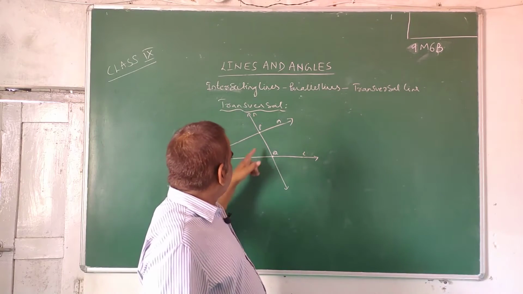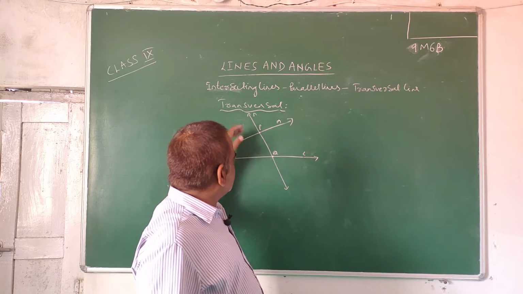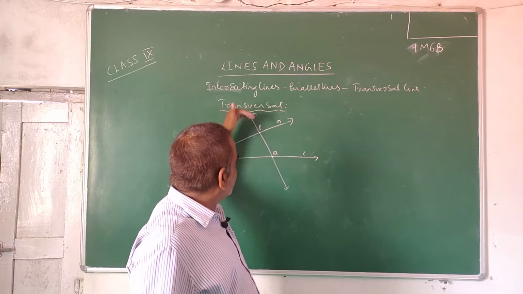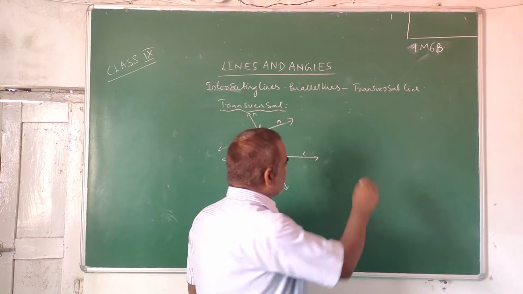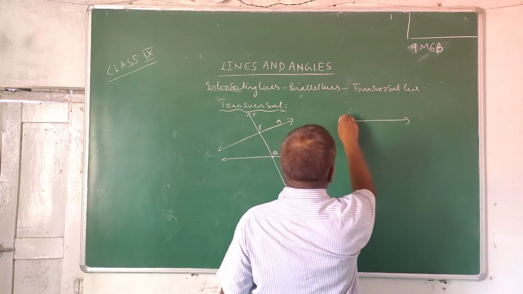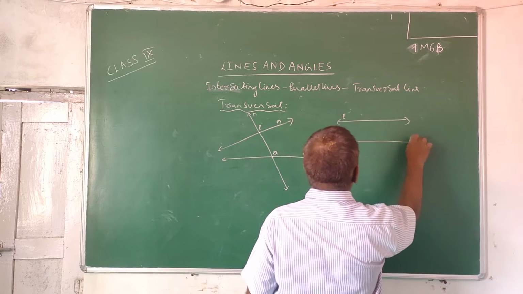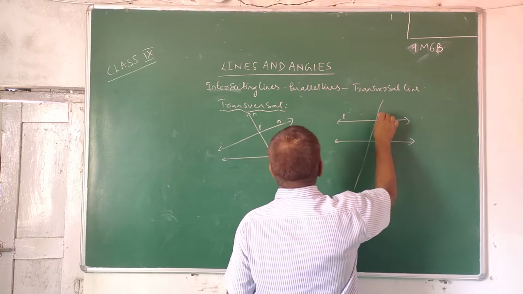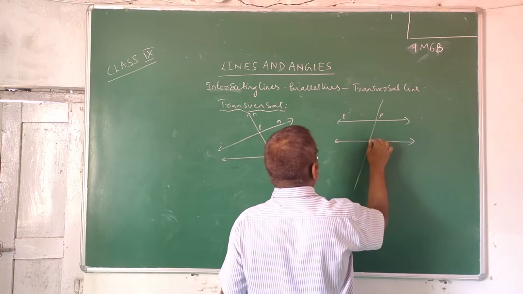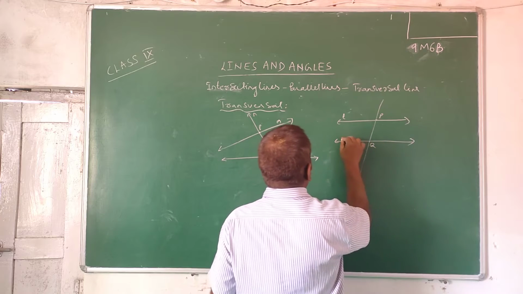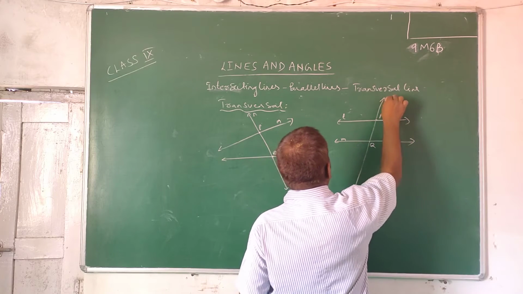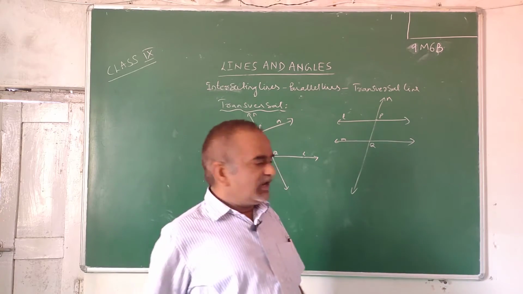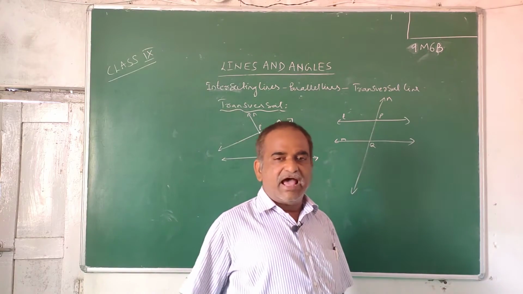So here L and M are two intersecting lines, and the line N is intersecting these two lines at P and Q, then N is called transversal. Now see another example. In the second case I am taking parallel lines, and this line N intersects the parallel lines at two different points. So in this case also this line N is called a transversal line. In either case the line N is called a transversal line.